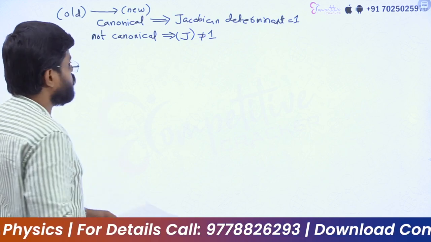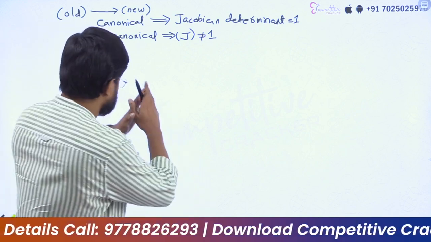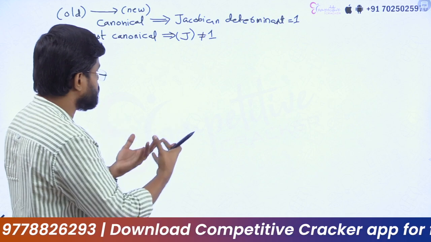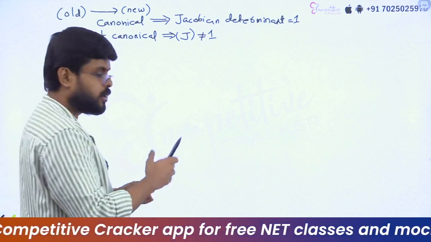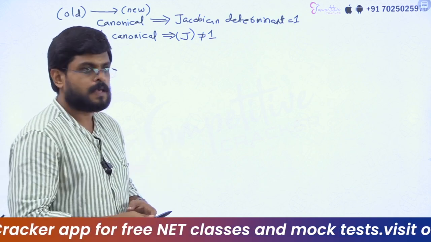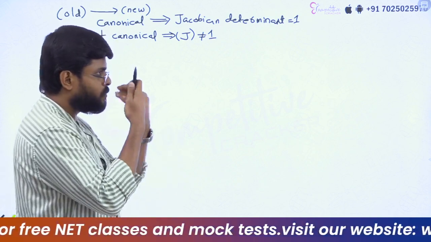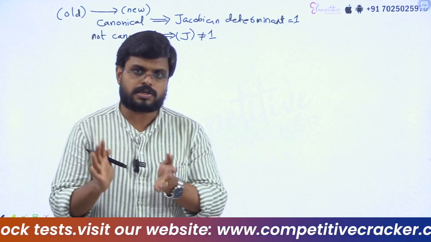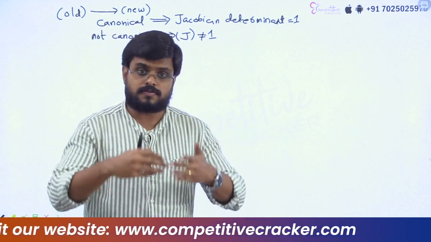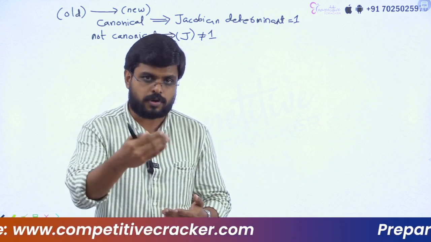I hope you know how to write this Jacobian determinant and what is meant by canonical. Canonical transformation, and a transformation from one coordinate system to another, is very important from the CSIR point of view.